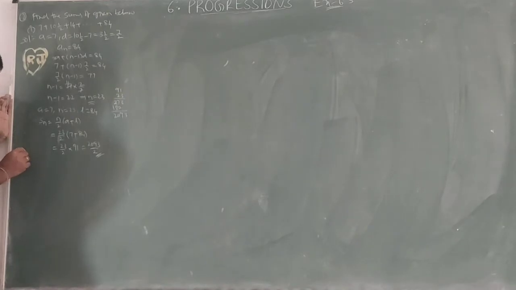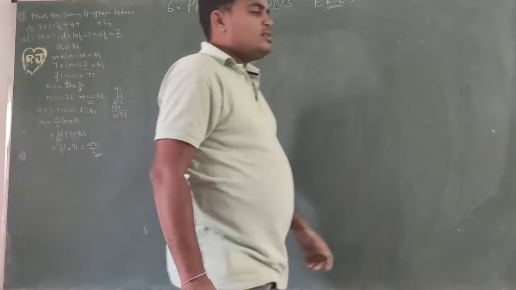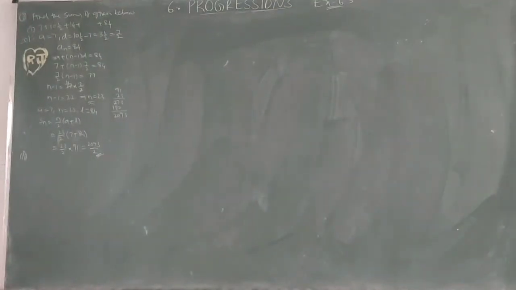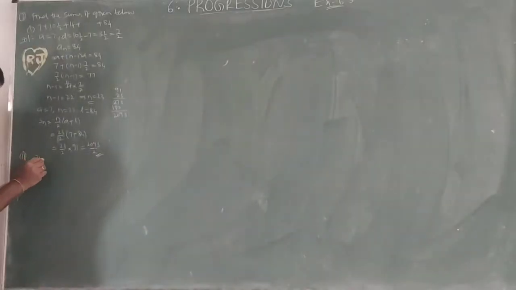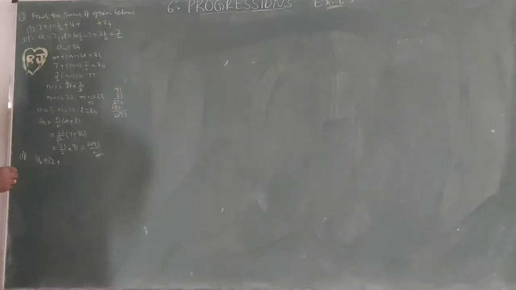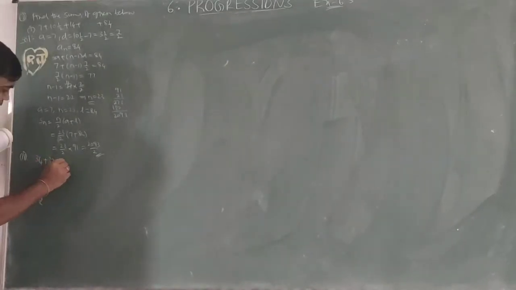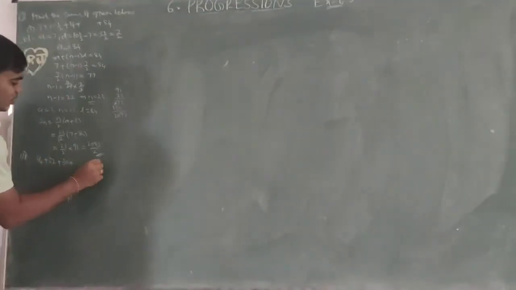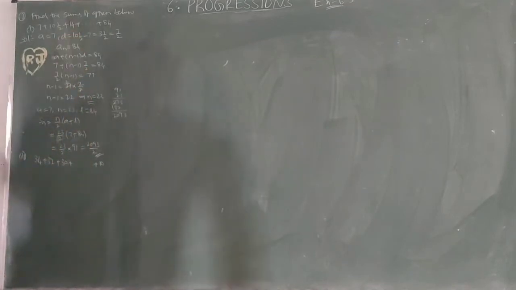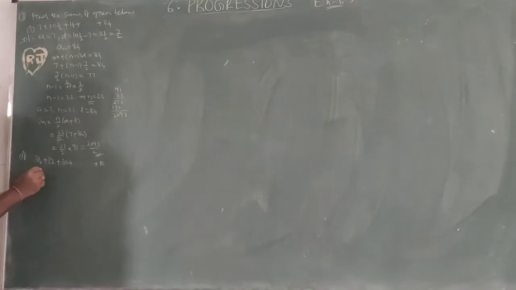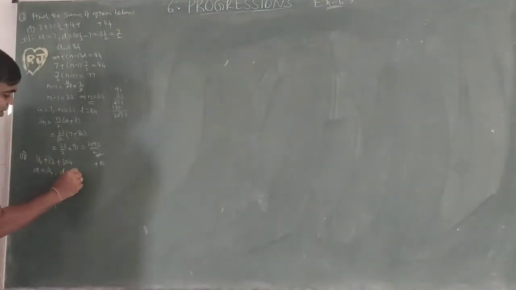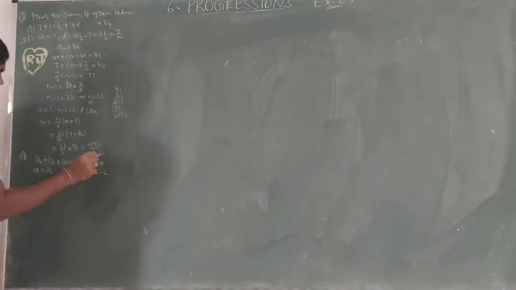Next, second one. The series is 34 plus 32 plus 30 plus, and so on, up to 10. Similar to this one, here also we don't know the number of terms. So A equals 34, d equals 32 minus 34, which is minus 2.